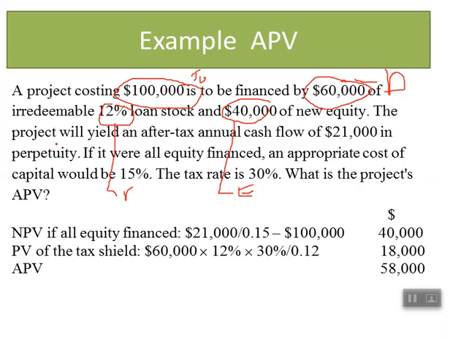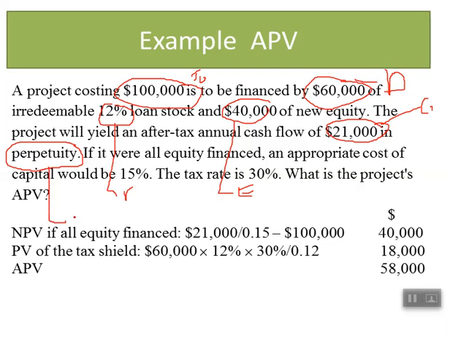The project, we read, after tax, this is our cash inflow, and it is in perpetuity. If you remember in my first video on investment appraisal, which was time value of money, we know what we mean by perpetuity.